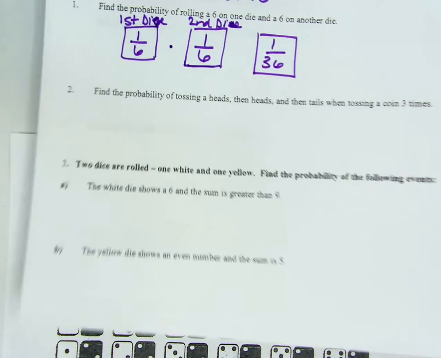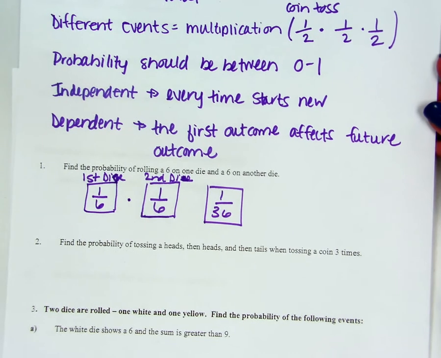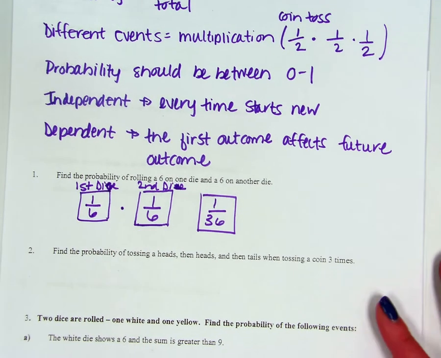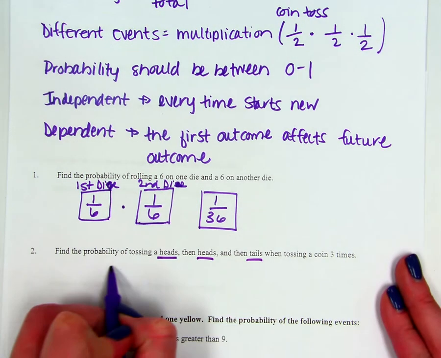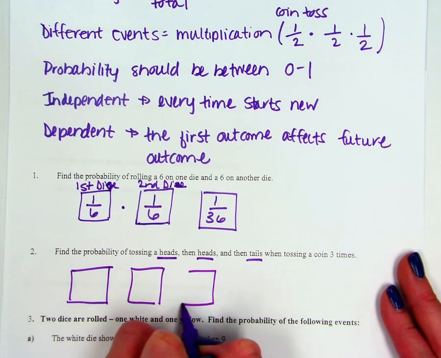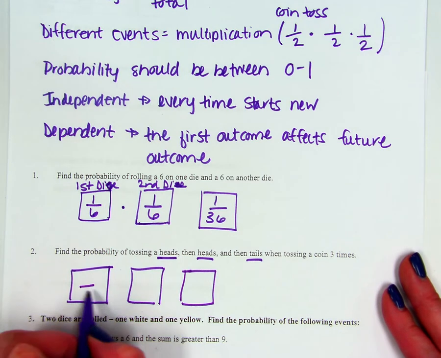Number 2 says find the probability of tossing a heads, then a heads, and then a tails when tossing a coin 3 times. So kind of like the example problem that we did. We have 3 opportunities, and we only have 2 sides. Remember, up at the top we wrote our total is going to be on the bottom.